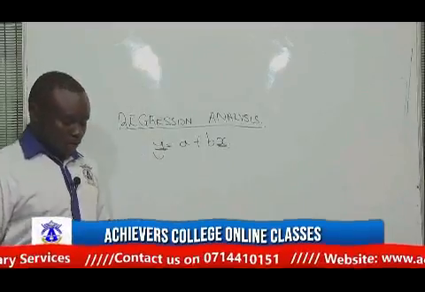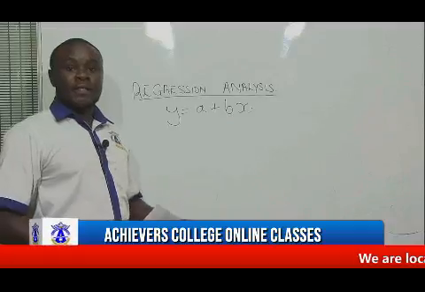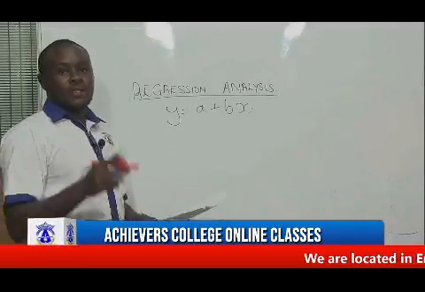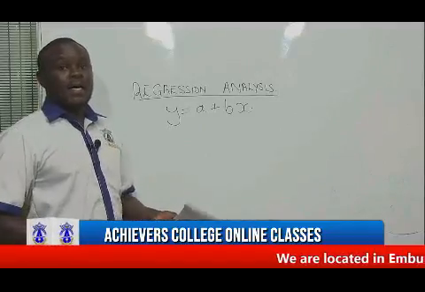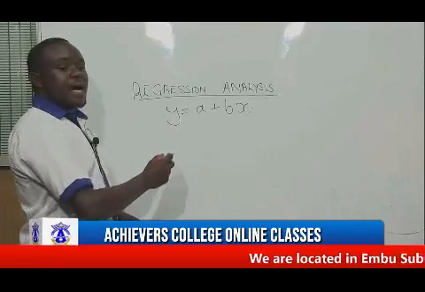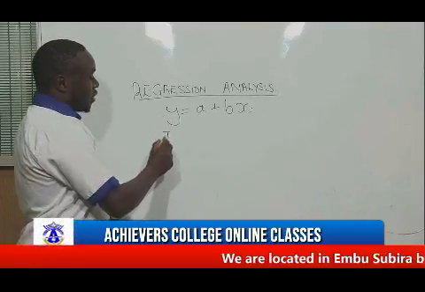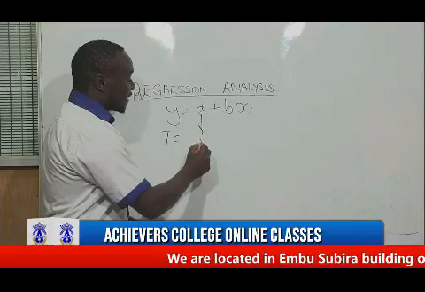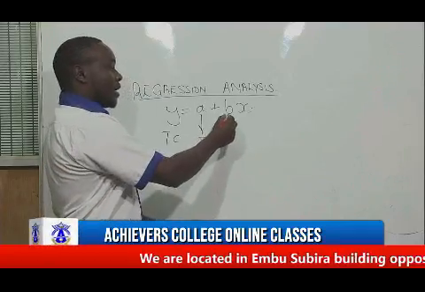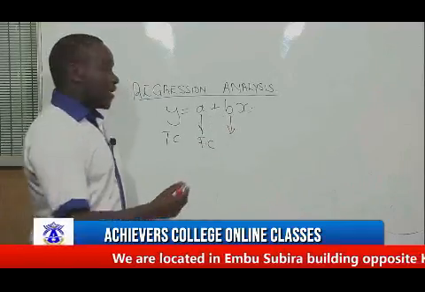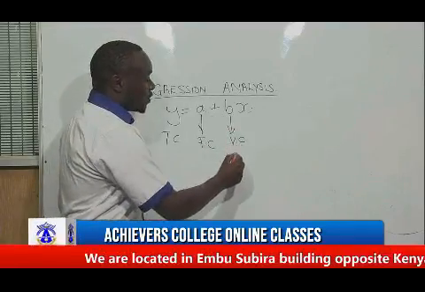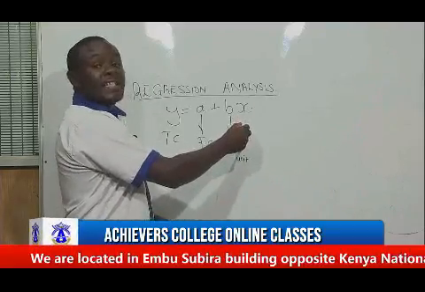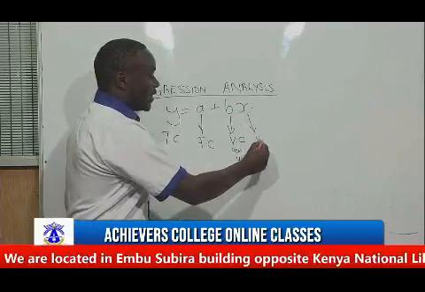Having explained those terms used in regression analysis, we can further say that y is the total cost, whereas a is the fixed cost, with our b here being the variable cost per unit, and x is what we are calling the units.